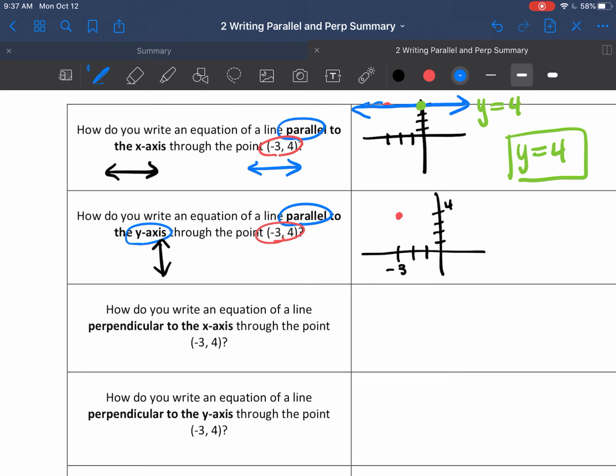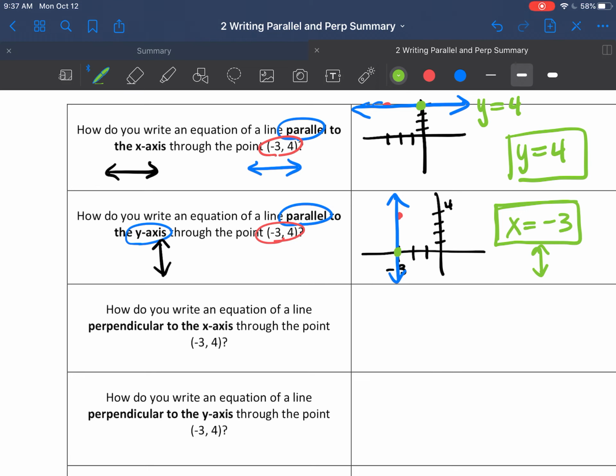Go ahead and sketch that point. And then parallel to the y-axis would be a vertical line. Look at where it crosses. It crosses at x equals -3. And so the equation of my vertical line would be x equals -3.